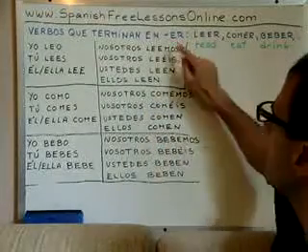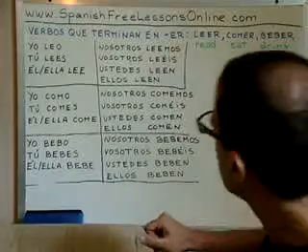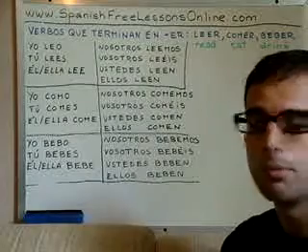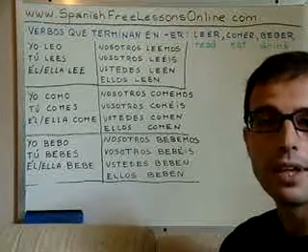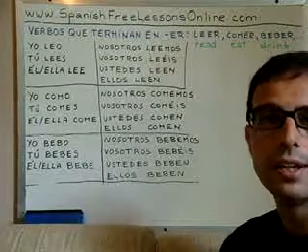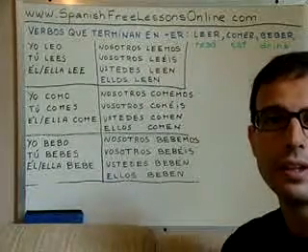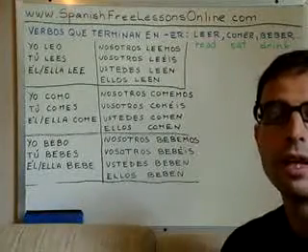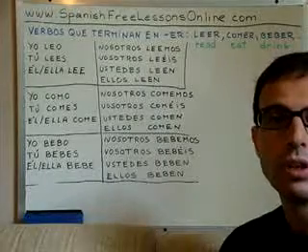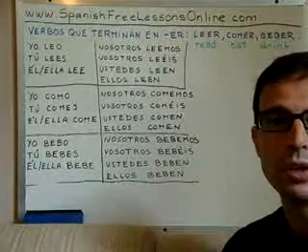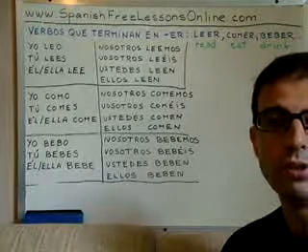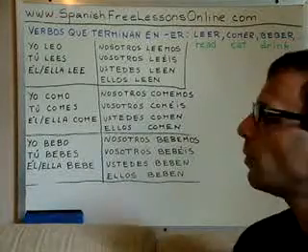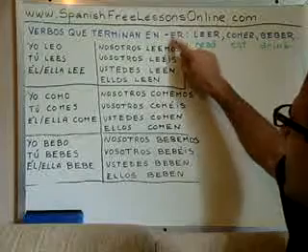As we mentioned in a previous class, there are three groups of regular verbs: those that end in AR, those that end in ER, and those that end in IR. We mentioned them very superficially before, and we also saw how to conjugate in the present tense the regular verbs that finish in AR. Now we will see the ones that finish in ER.